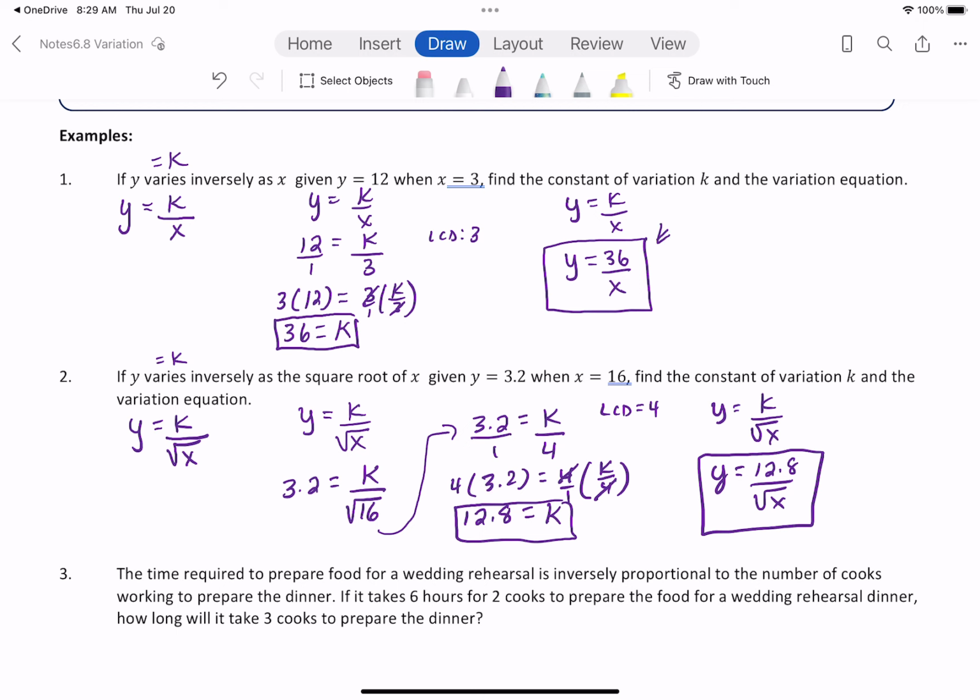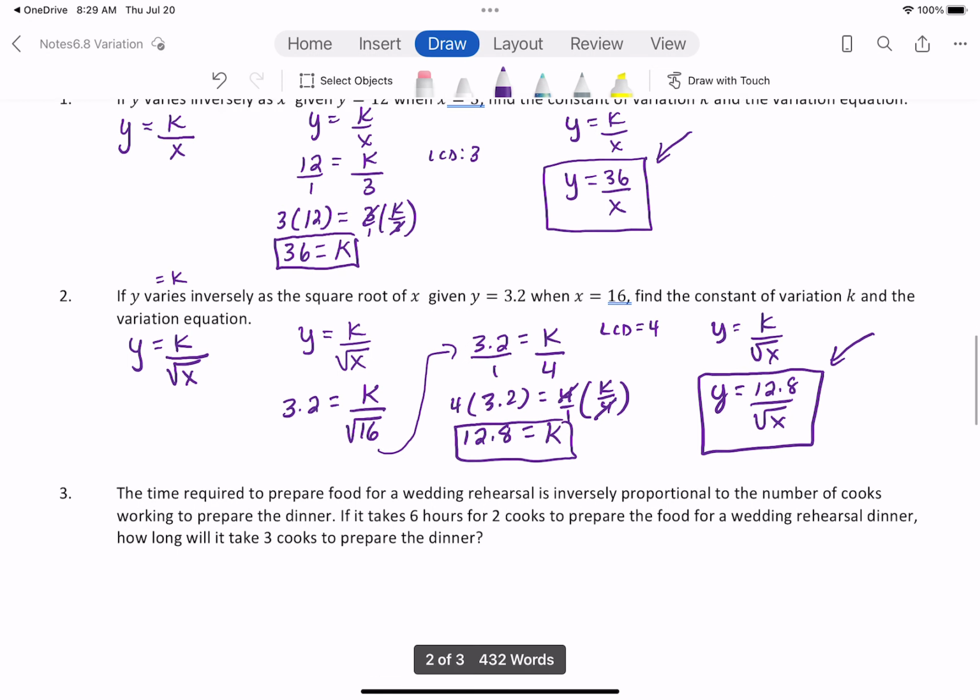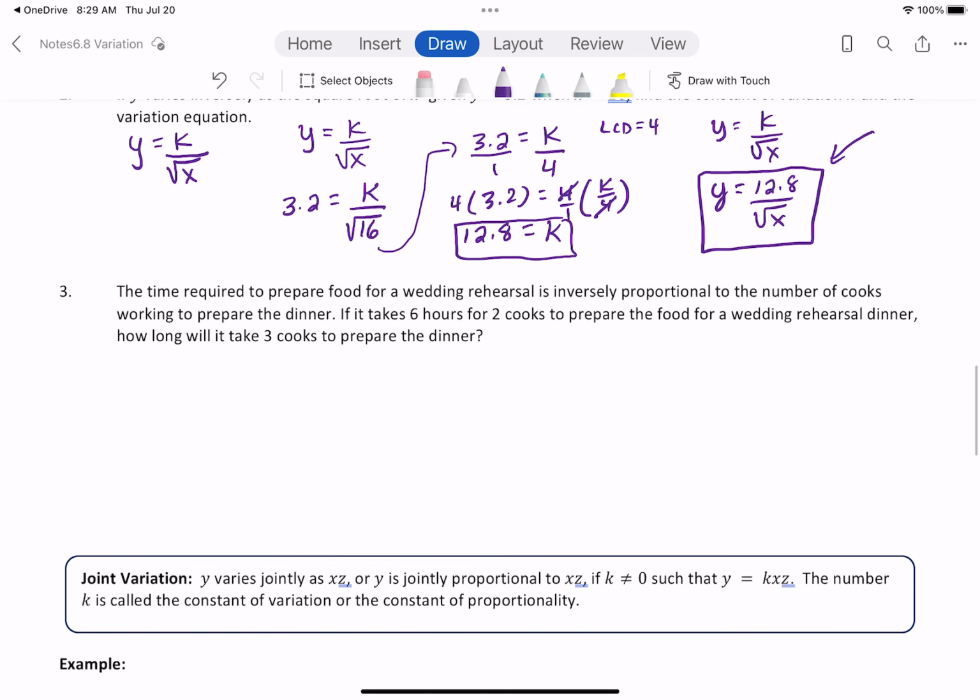So once I get to here and here, now I can find out how the y and the x relate to each other for any given x and y situation. So then when we get to a question like number 3, this is actually an application where we're using the variation equation and we're given the information that we need to solve one.